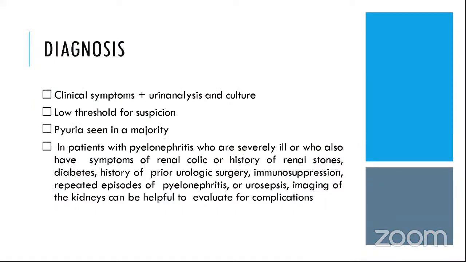Now come to the diagnosis. Clinical diagnosis, that is, we arrive at it from the symptoms and signs after examining the patient, and then laboratory urine analysis leads us to the cause, and culture and sensitivity will give us the actual treatment.